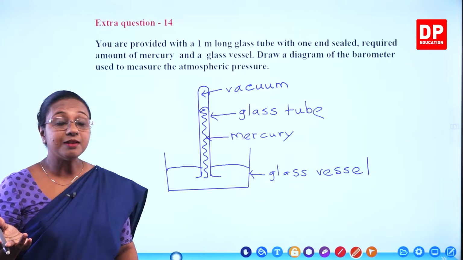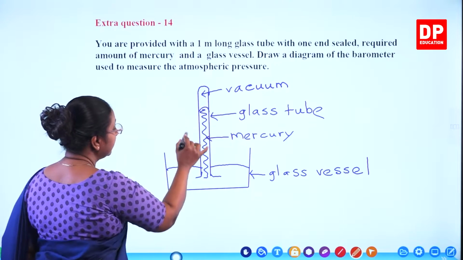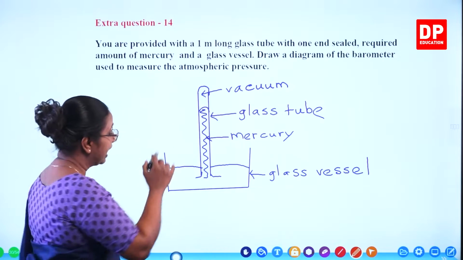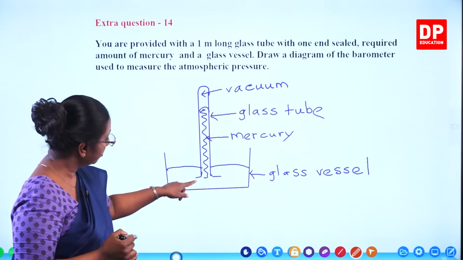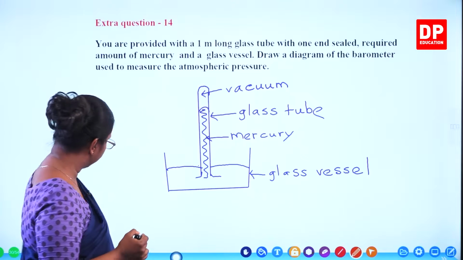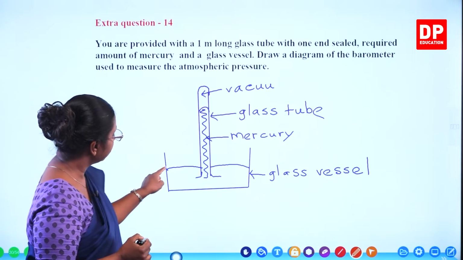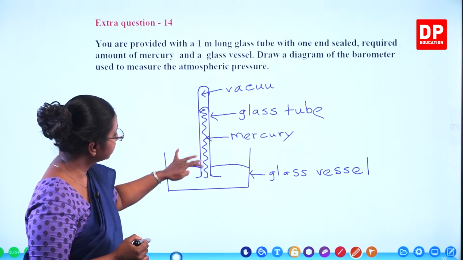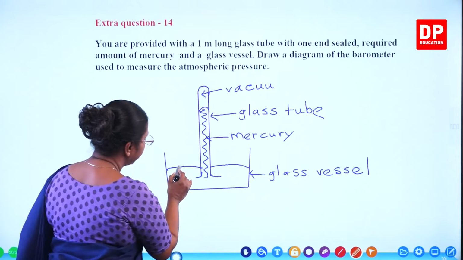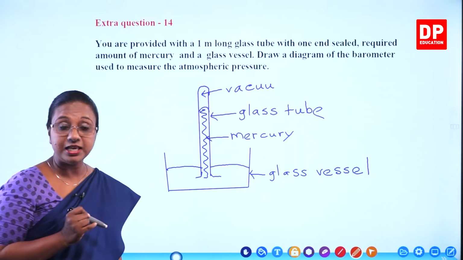How do we read the atmospheric pressure? We take the height of this mercury column, and the height has to be from this point to this point only, not here. What is the reason? Because there is atmospheric pressure acting here, and there is pressure exerted by the mercury column. Pressure at this point and this point are equal.